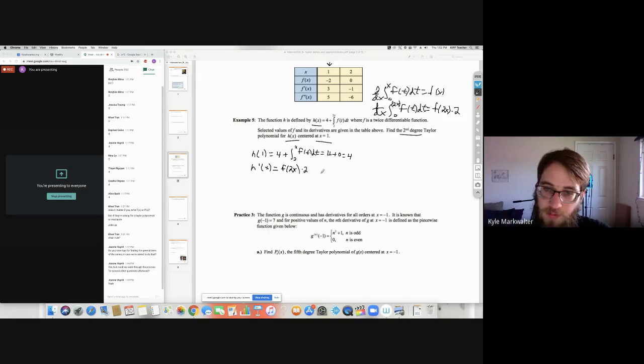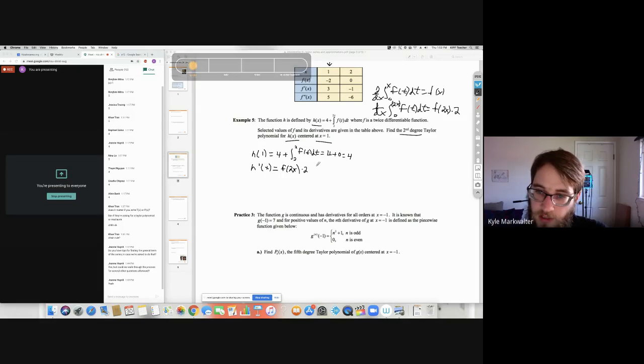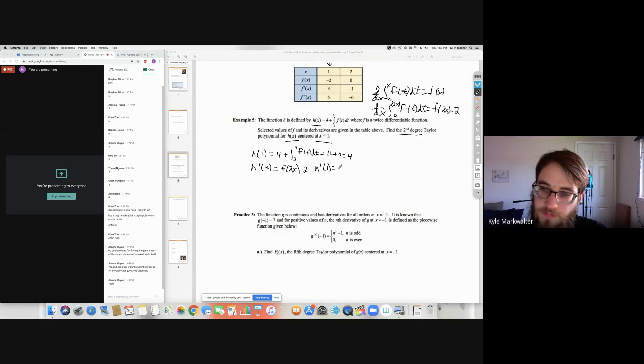Technically this is h prime of x. So what does that mean? H prime of 1 is f of 2, which is 0, times 2 is 0. H double prime of x.